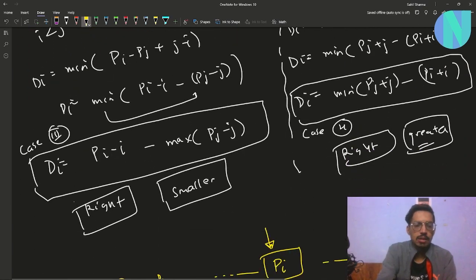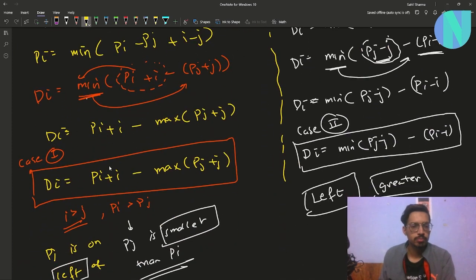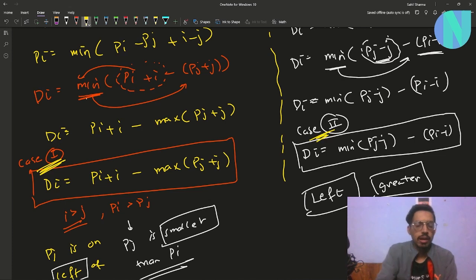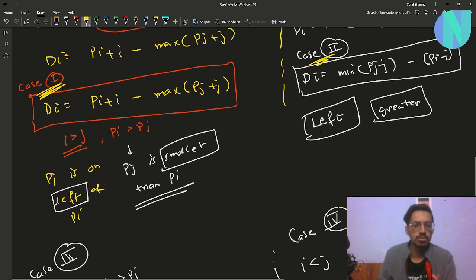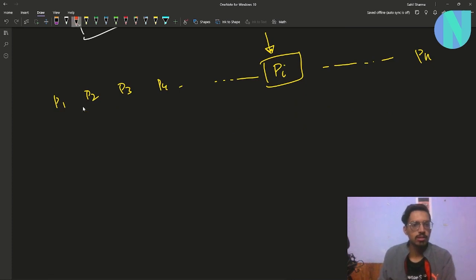If the element is lying on the left side, either it will follow case 1 or it will follow case 2. And if the element is following case 1, I have to keep track of maximum of pj plus j, and if the element is following case 2, then I have to keep track of minimum of pj minus j.